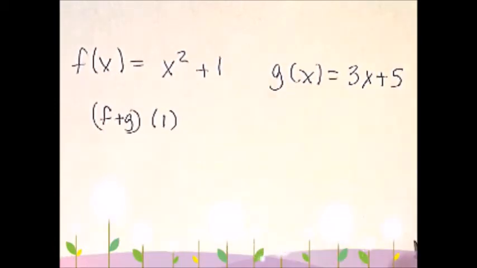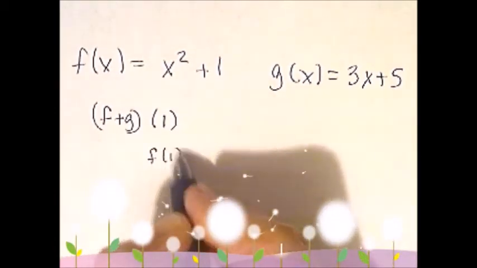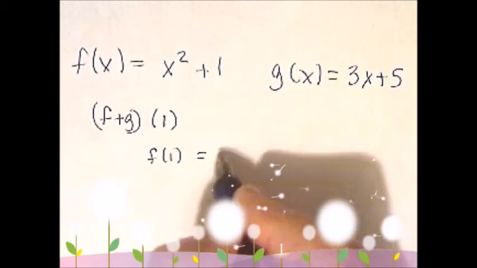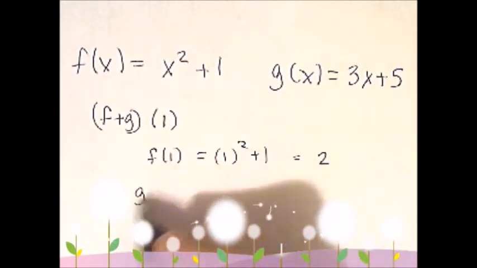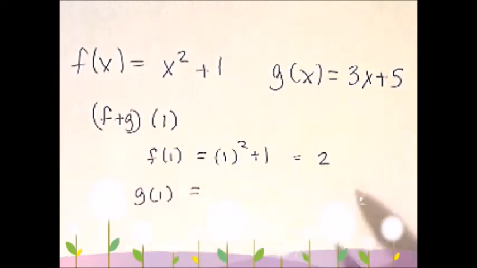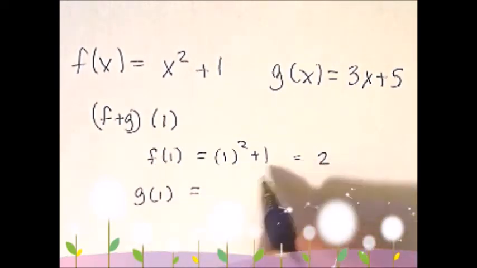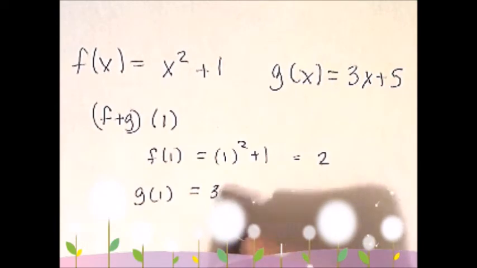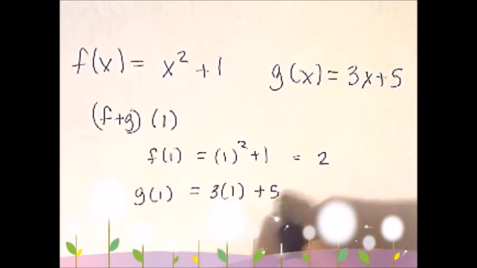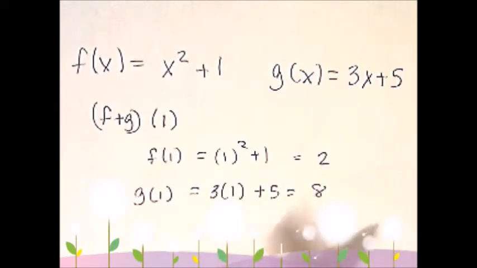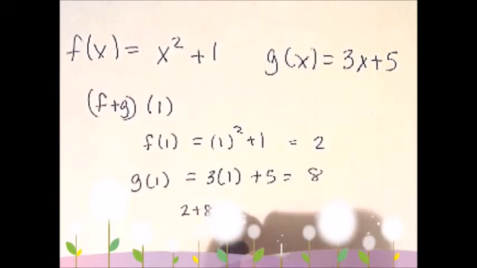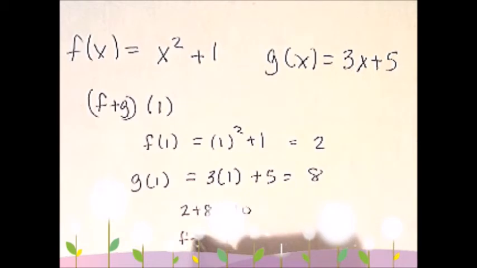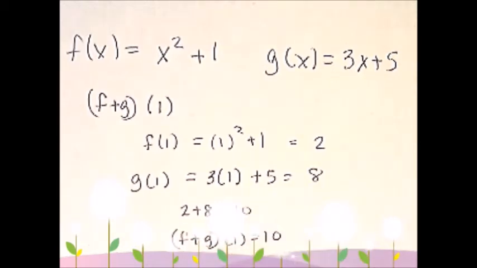So what I need to do is evaluate f of 1, which is 1 squared plus 1, which is 2, g of 1, which is 3 times 1 plus 5, which ends up being 8. And then I just need to add those together. 2 plus 8 will be 10. So f plus g of 1 is 10.